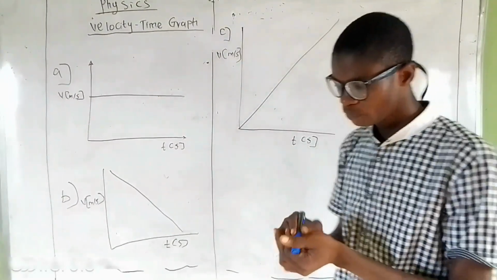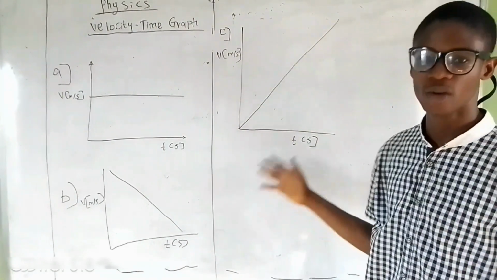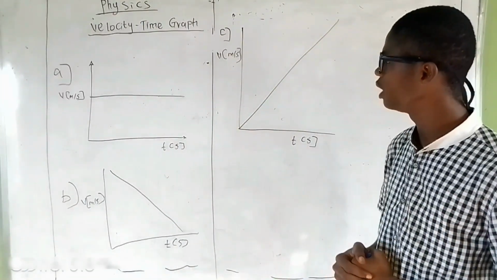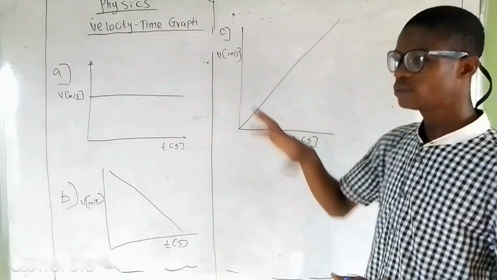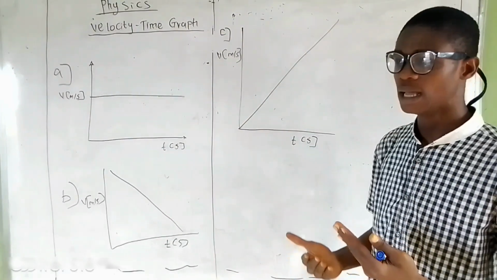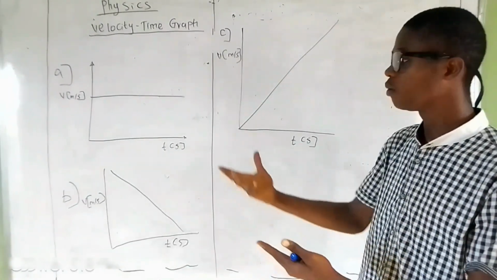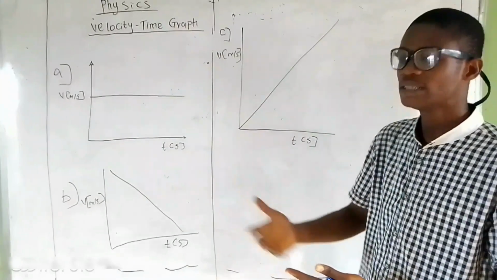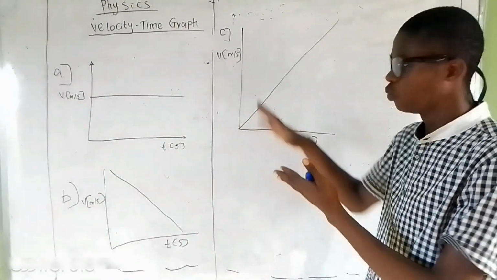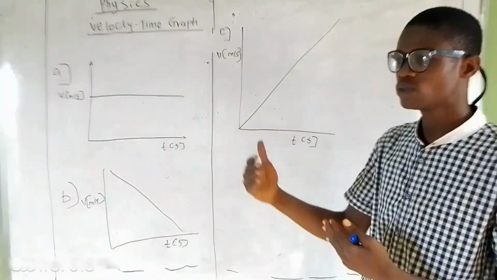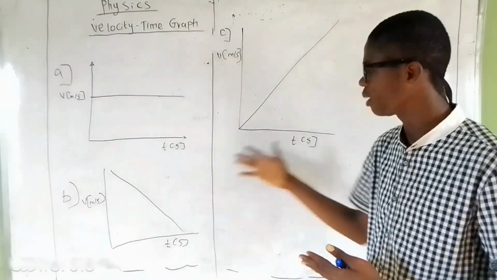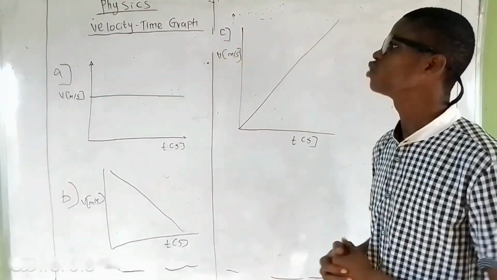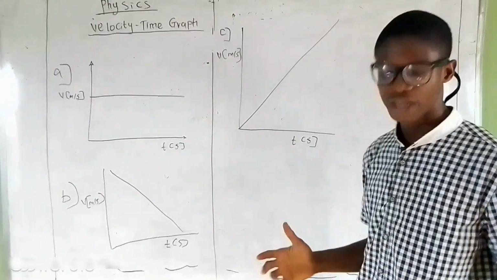When you fully absorb these three concepts, and you know which one to use each time they give you a particular phrase or sentence that has to do with velocity time graph, then you'll be able to solve the velocity time graph very, very easily.